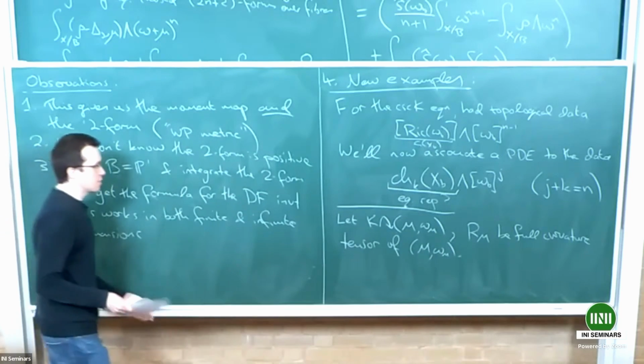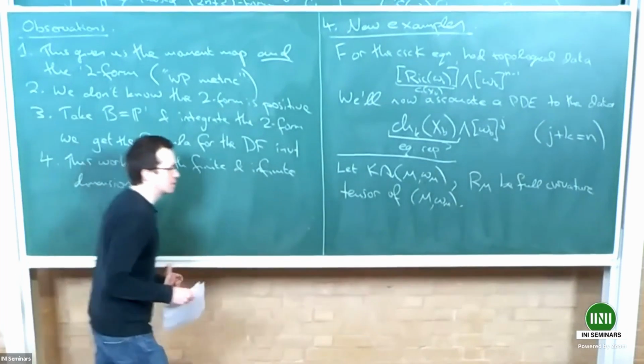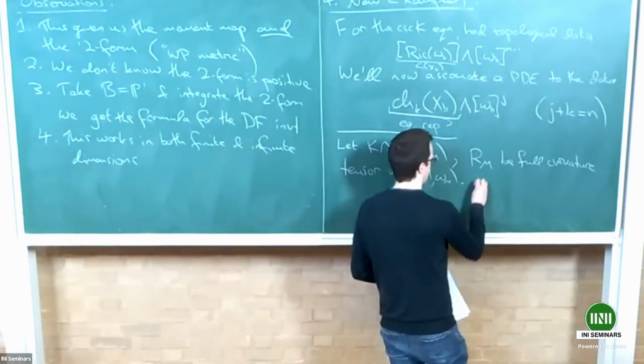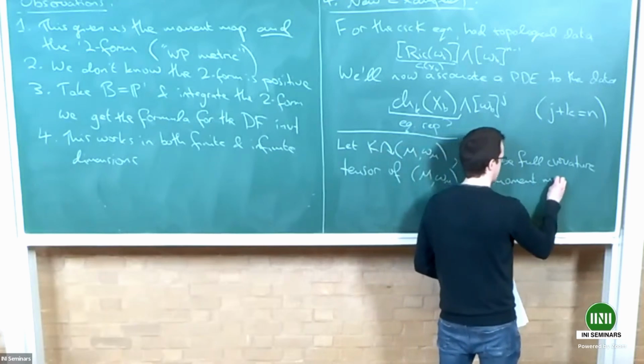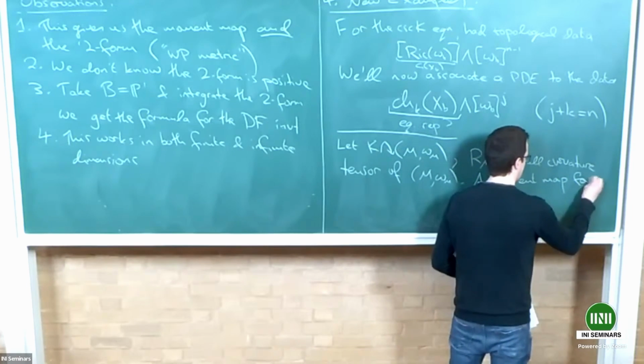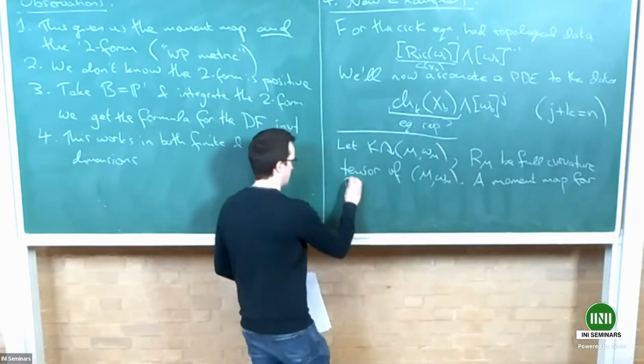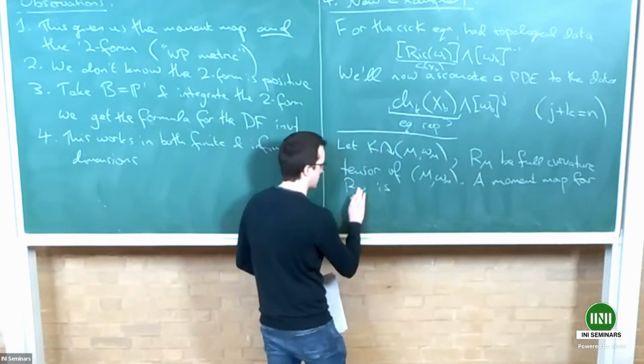I can write down a moment map for this full curvature tensor. So a moment map for R^M is the following.